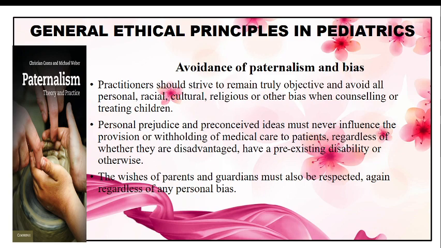So this may be your own personal bias. But if the parents and guardians say that even though we know the child is very sick, we want the child to live as long as he can, so we want the treatment to be continued, then it is your personal bias that you are not interested in continuing the treatment, but you have to respect the wishes of the parents and guardians.